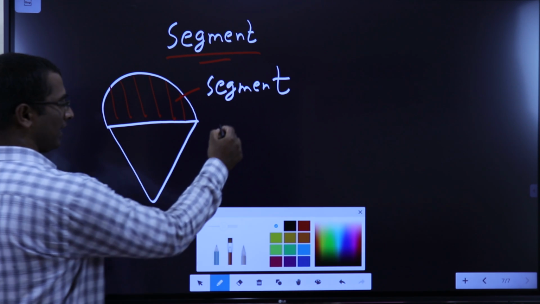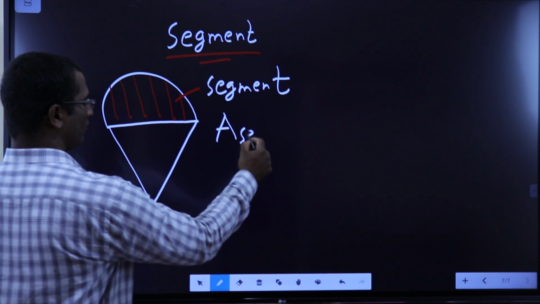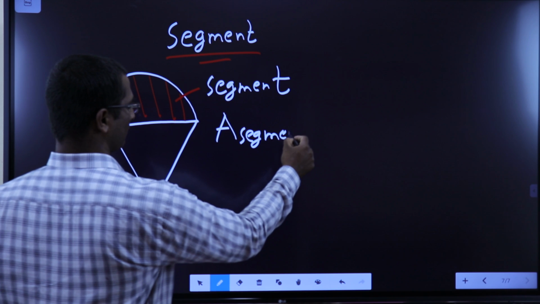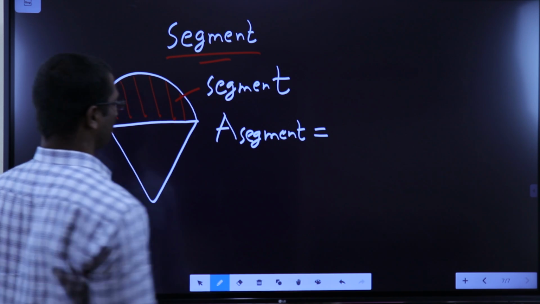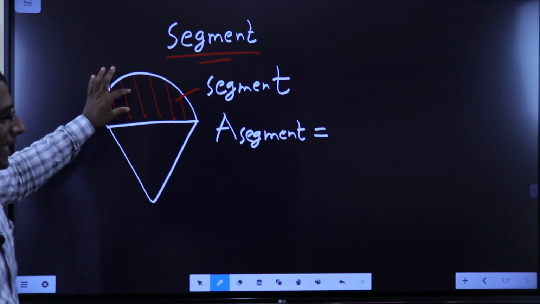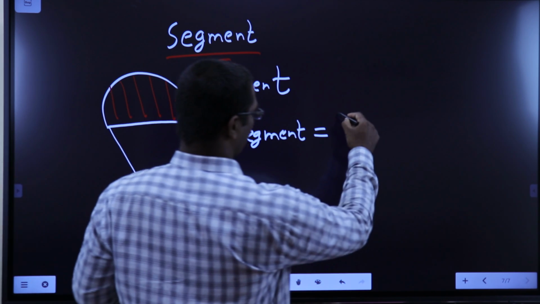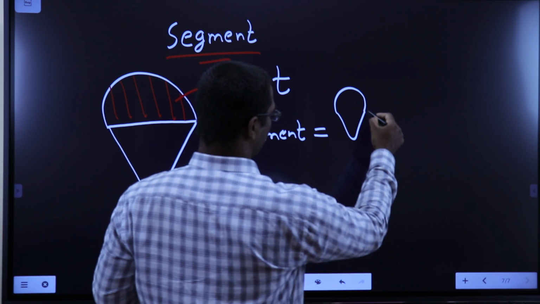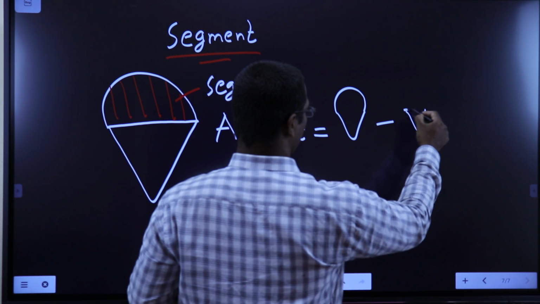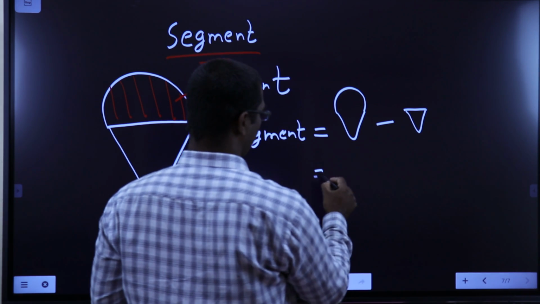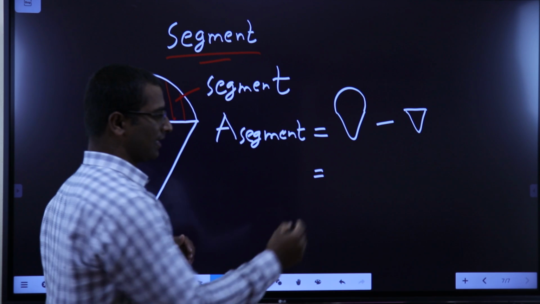Now we need to find the area of a segment. How do we calculate the area of a segment? To get this area, from the sector, if I remove this particular triangle, I will get the area of a segment, correct?